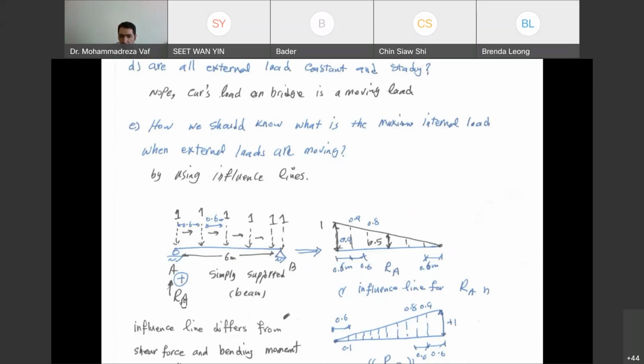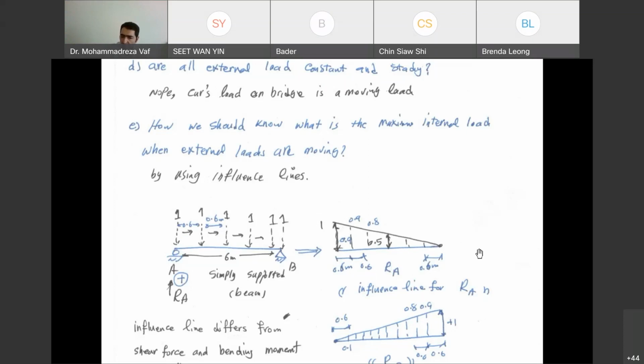No, you're looking only at point A, the support reaction at point A, and you want to see when the force moves from point A to B, how this support reaction is changing. You can see the maximum occurs when the load is exactly at point A, the minimum occurs when the load is reaching point B. And along the way, the load is constant, but the value of support reaction is decreasing.